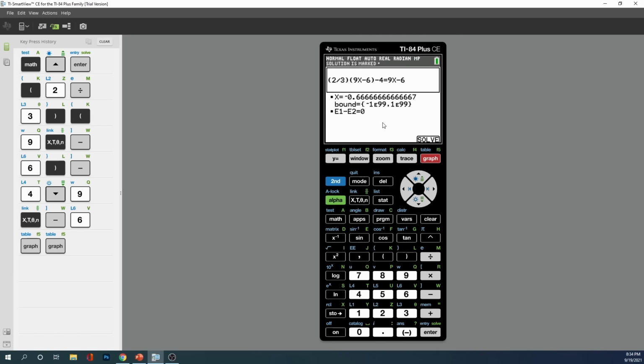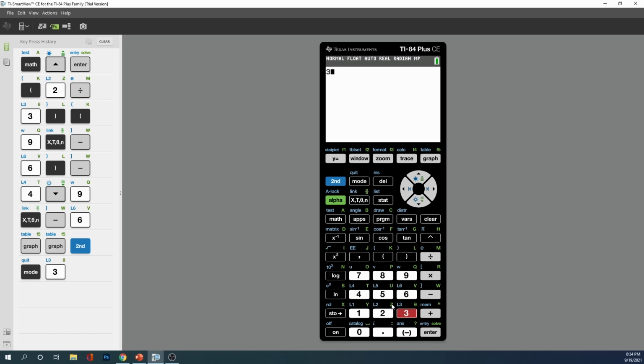So what we can do is quit out of this. And let's remember that we're really trying to find the value of 3x minus 2. So we're just going to go 3 times parentheses negative 2/3, because that was our value for x, and minus 2.